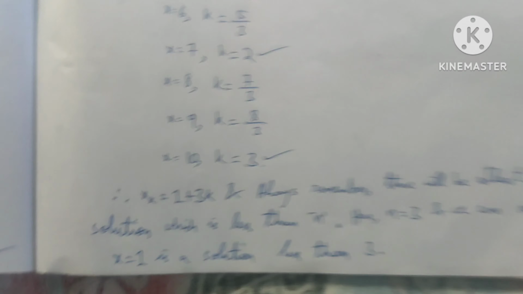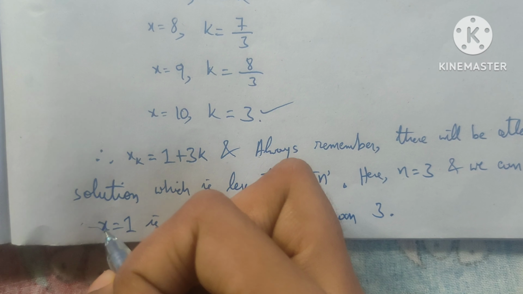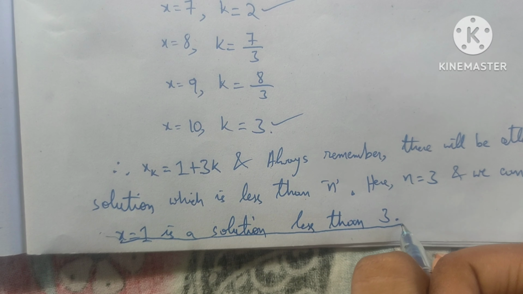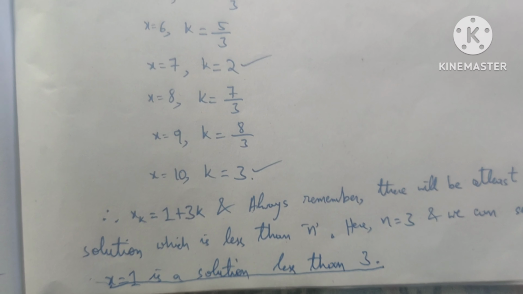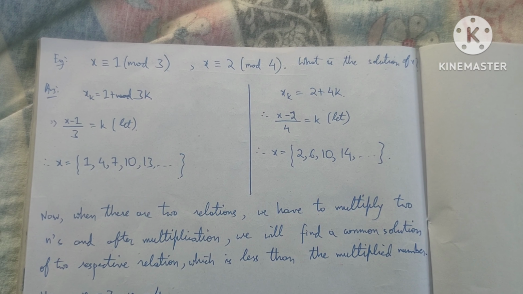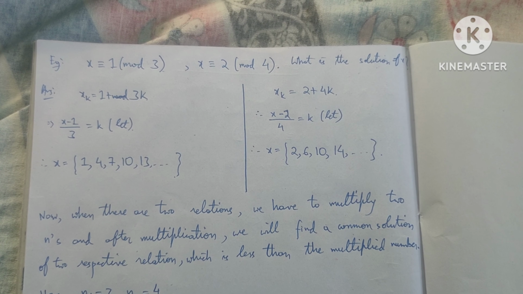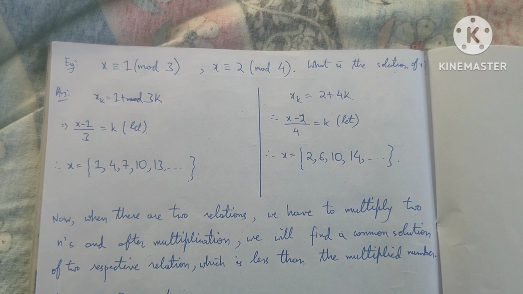Now there are some more examples relating to this. What if we get 2 equivalence relations or 3 equivalence relations? Now we are going to learn about that. Here I have taken a problem with 2 equivalence relations and we are going to solve the value of x. How to do that?